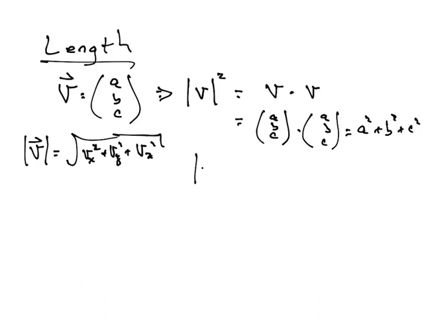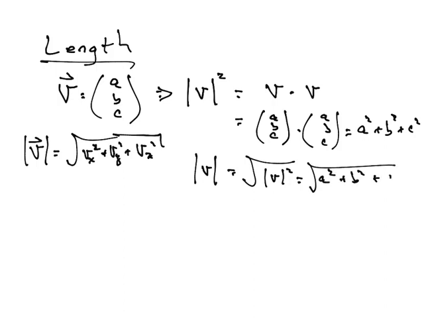And of course, if we want just the length v, that's the square root of the squared length, or also called the magnitude squared, which would be the square root of a squared plus b squared plus c squared. And of course, this is the same as this, right? The x component of our vector v is called a and b and c for y and z directions. So that's another way of using the dot product that it's used actually quite often, finding the length of a vector.